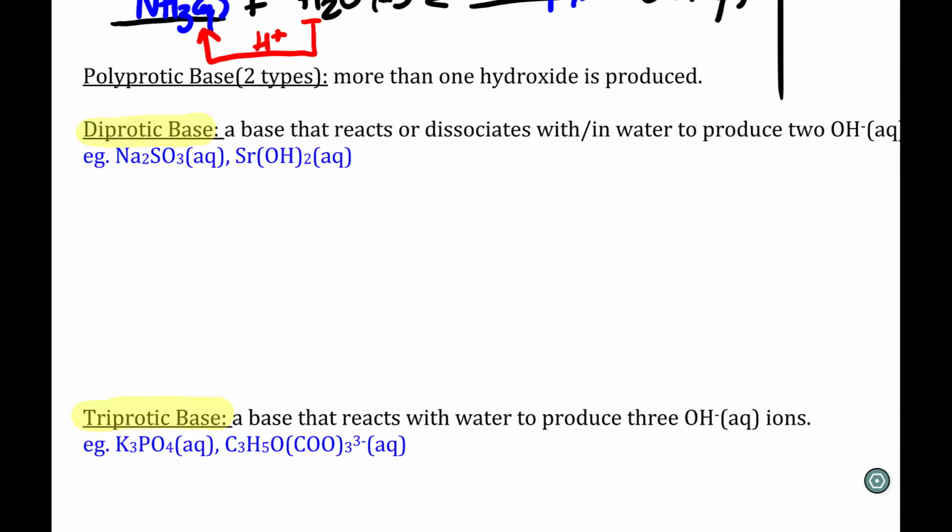So when I look at a compound, what I'm looking for is one of two things. Something with 2 hydroxide ions on the end of it, like strontium hydroxide, or something with a 2 negative charge. Now, right now, I don't see anything with a 2 negative charge. But remember, sodium sulfite, this is sulfite, is really Na plus, and it's SO3 2-.